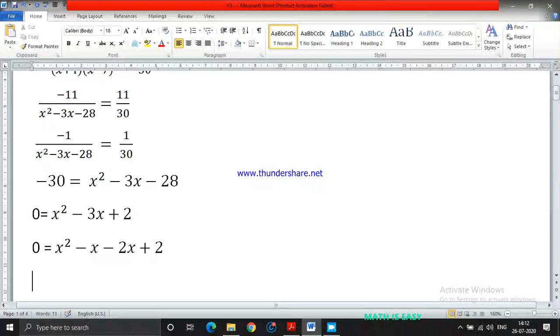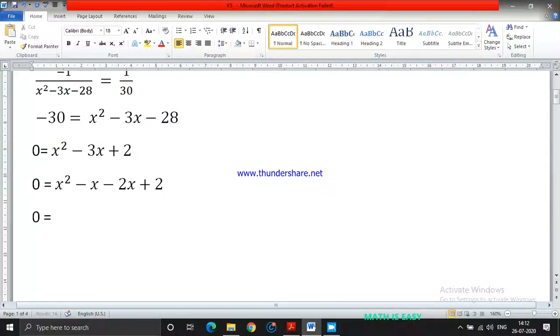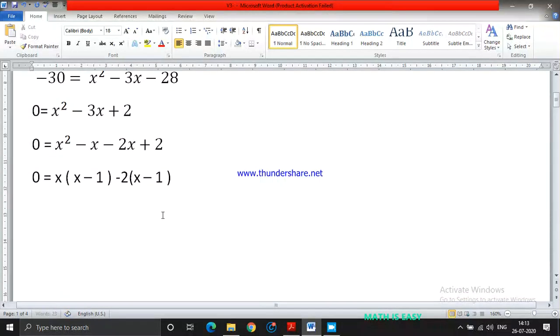Okay, so if I do further simplification, then you will get 0 equals to, from the first two terms I can take x common. If I take x common, then I'll get x minus 1. From the next two terms I can take minus 2 common, then again you will get x minus 1.